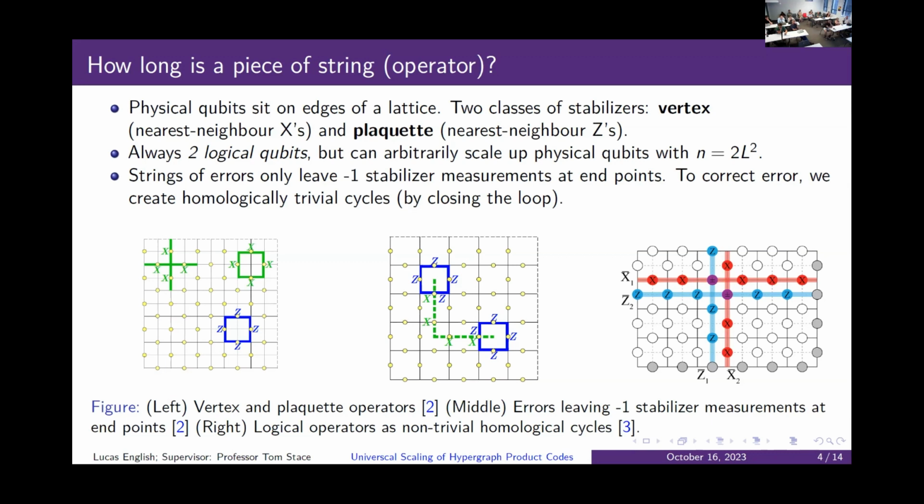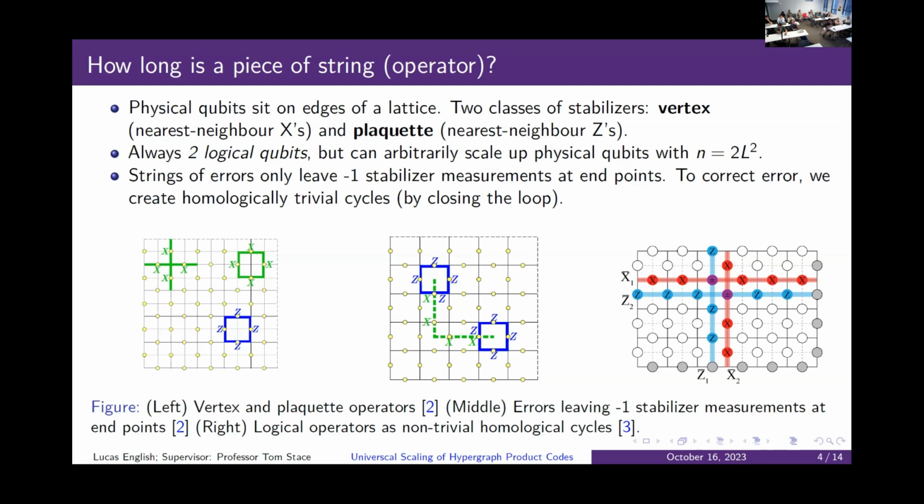For that lattice of qubits, we define 2 sets of stabilizers, which are vertex and plaquette stabilizers. For the vertex stabilizer, pick a vertex in that lattice, and your stabilizer is going to be sigma x on the 4 nearest neighbors of that vertex.